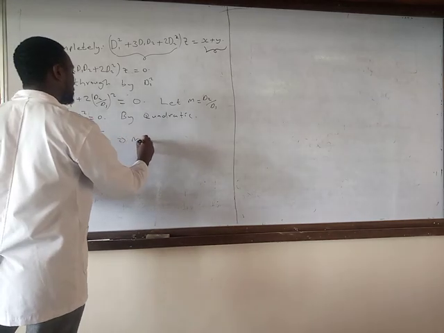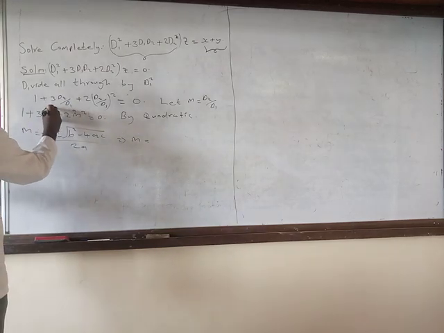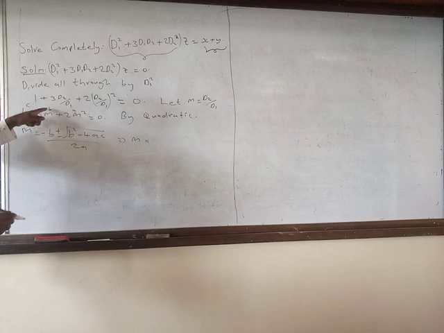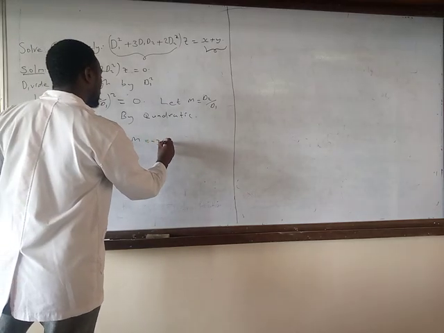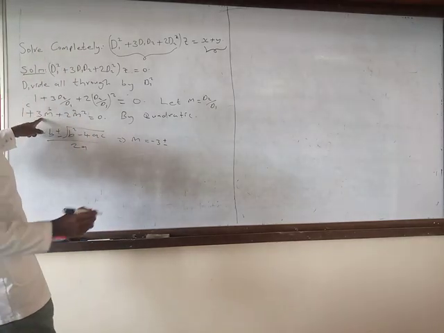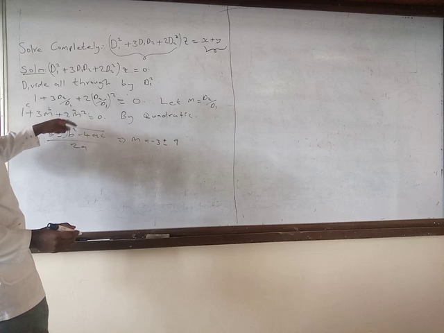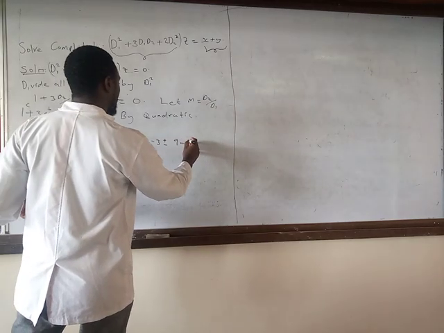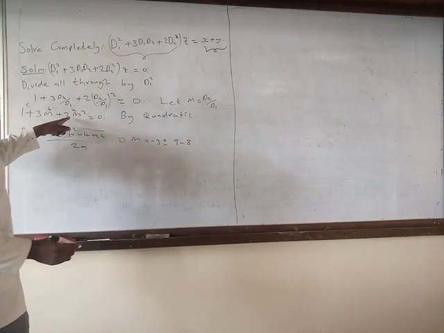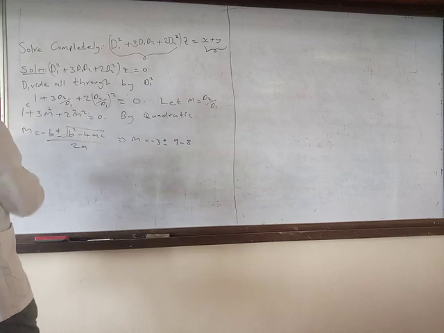Now this is our a, b, c. Negative b is negative 3 plus or minus, what is b squared? 9 minus 4ac, 4 times a and c, so it will be minus 8 because of 2 times 4.